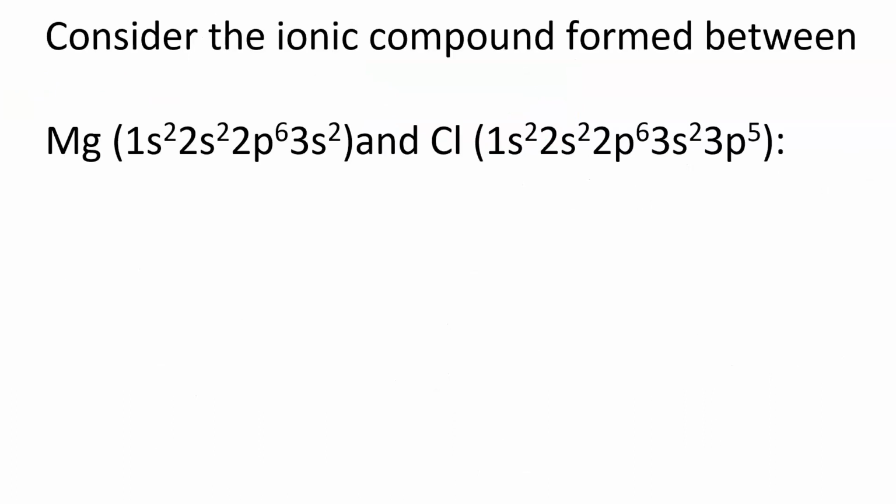Now let's bring in electron configuration and Lewis symbols. So we're going to consider the ionic compound formed between magnesium and chlorine. The electron configuration of magnesium is 1s2, 2s2, 2p6, 3s2. The 3s electrons are valence in magnesium, and everything previous is core.